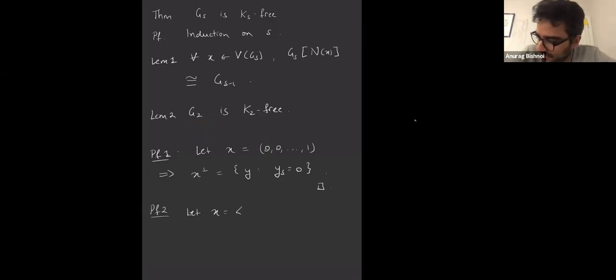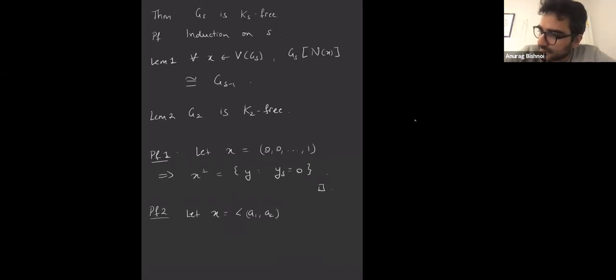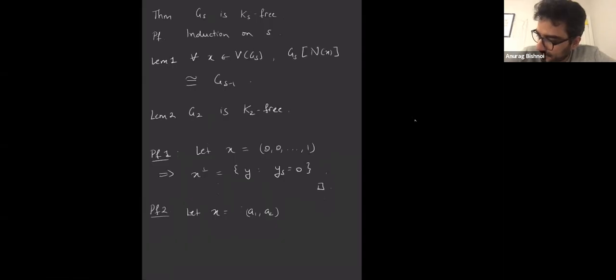So say we have A1, A2. I'm going to remove this from the notation. So this is a point in PG(1, q), right?